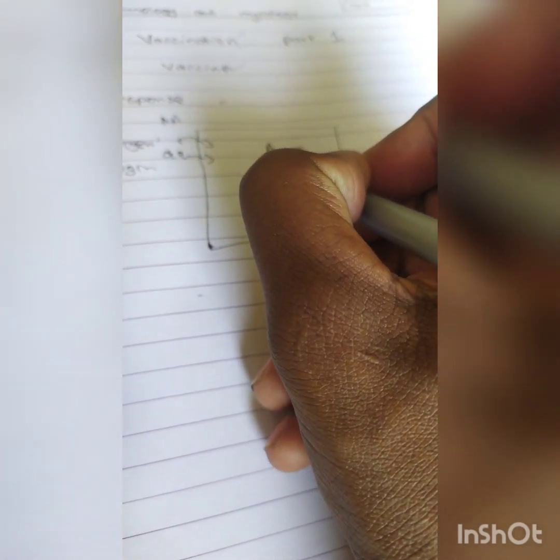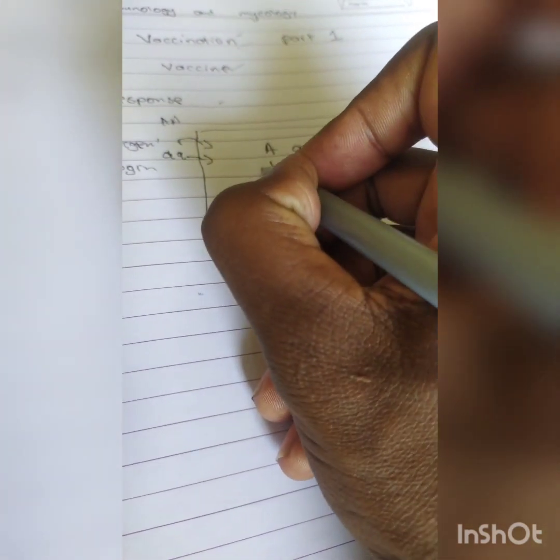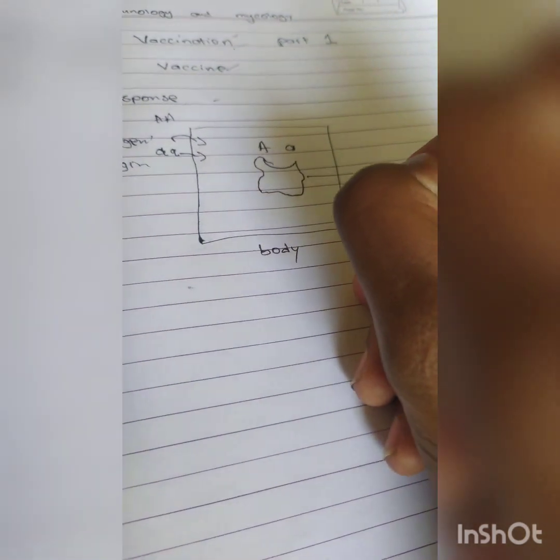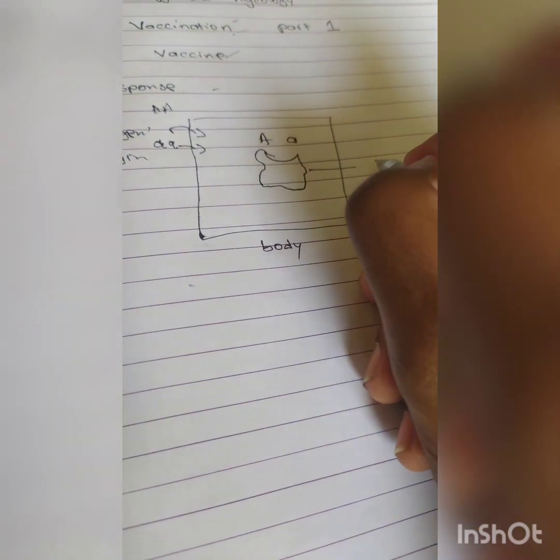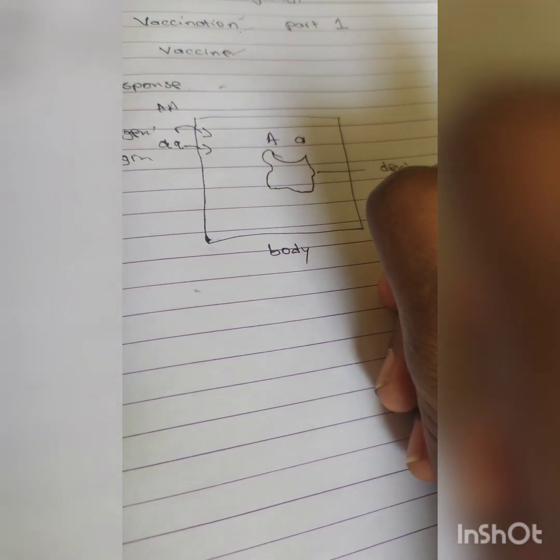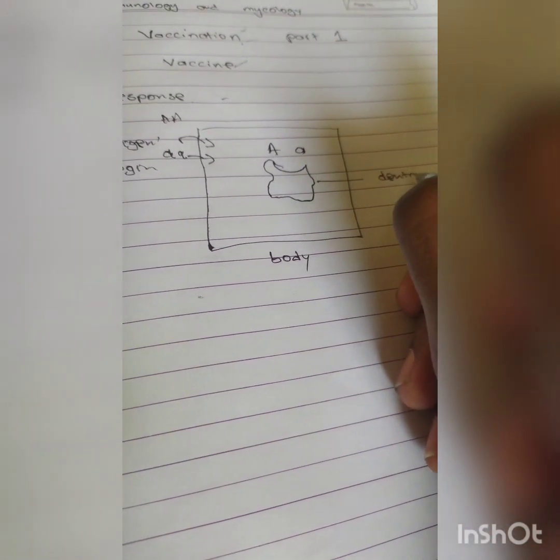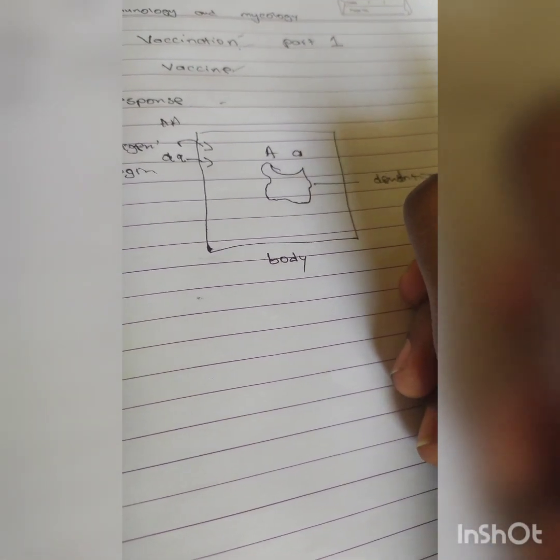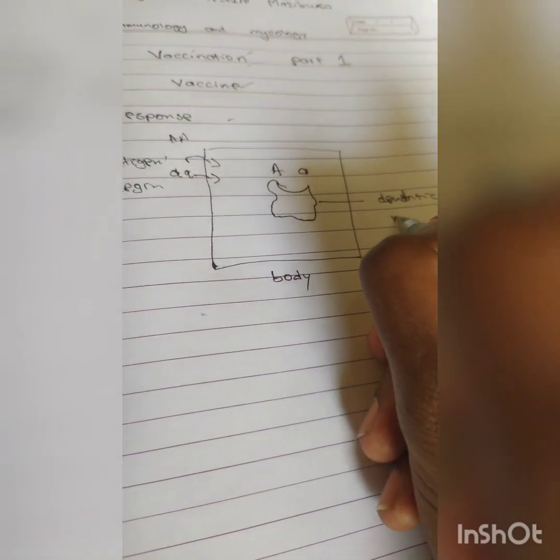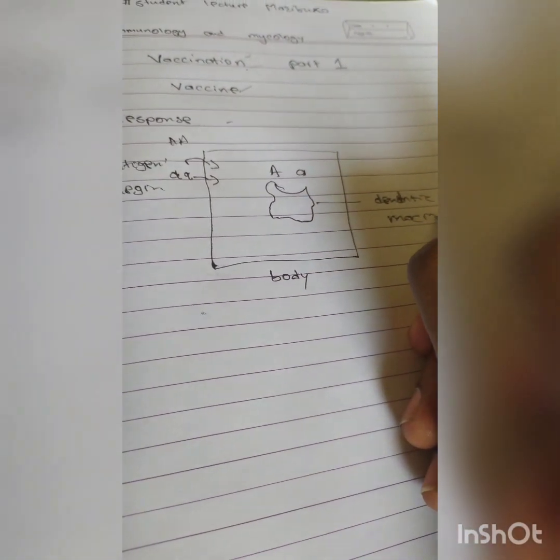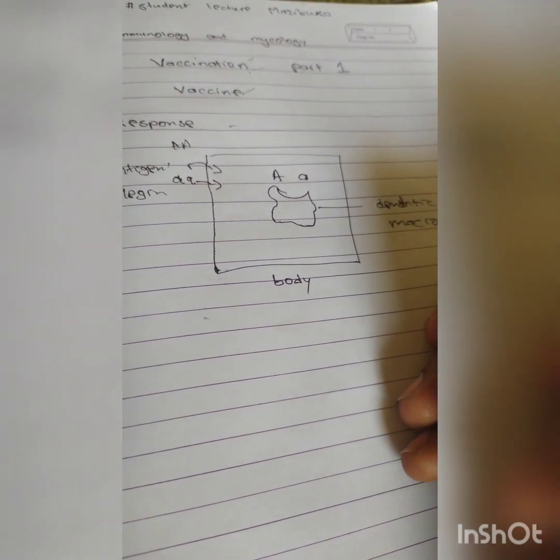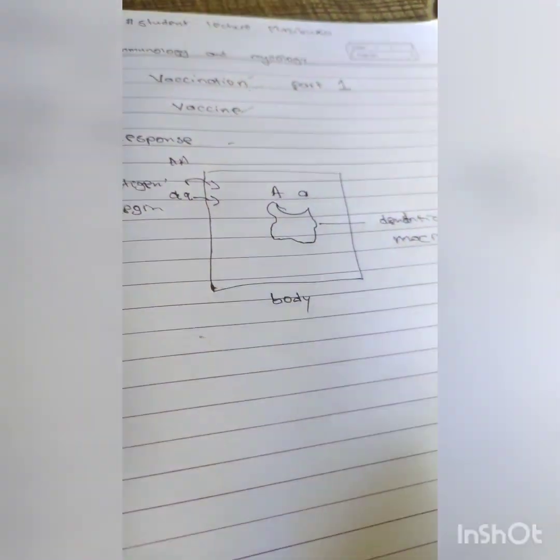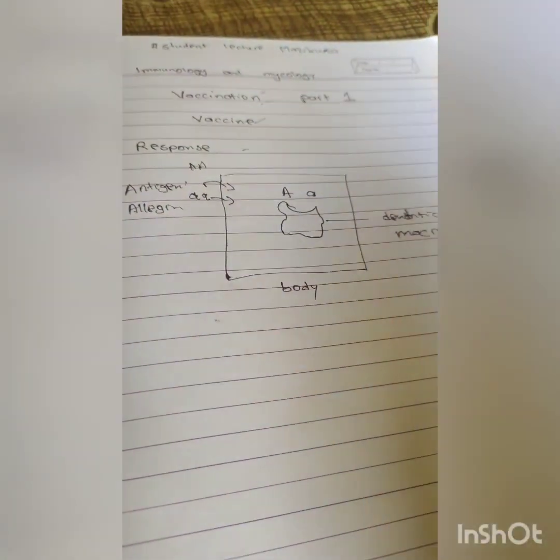These are phagocytic cells. They might be dendritic cells or macrophages, which act on this antigen.